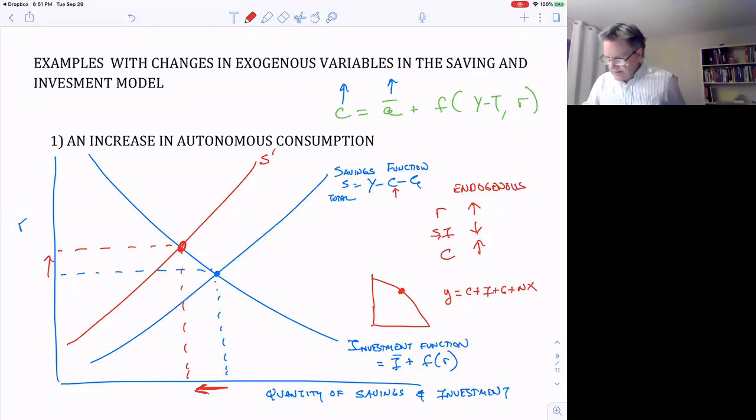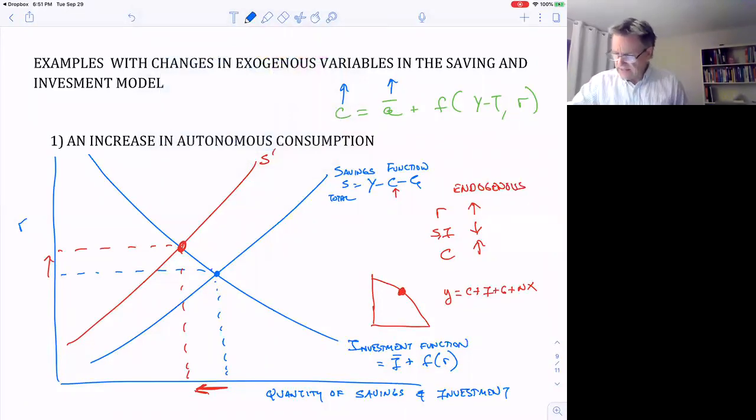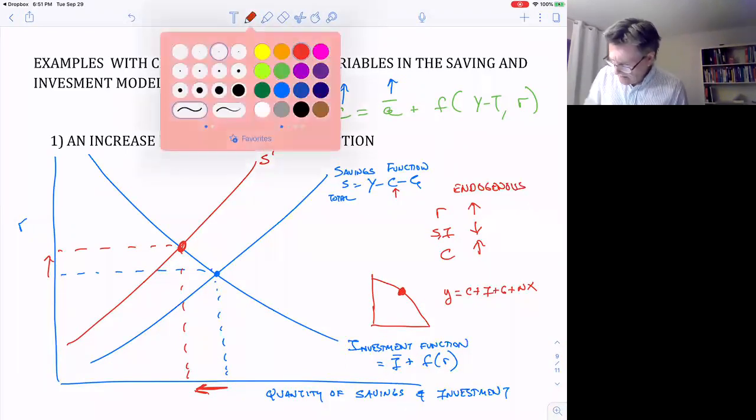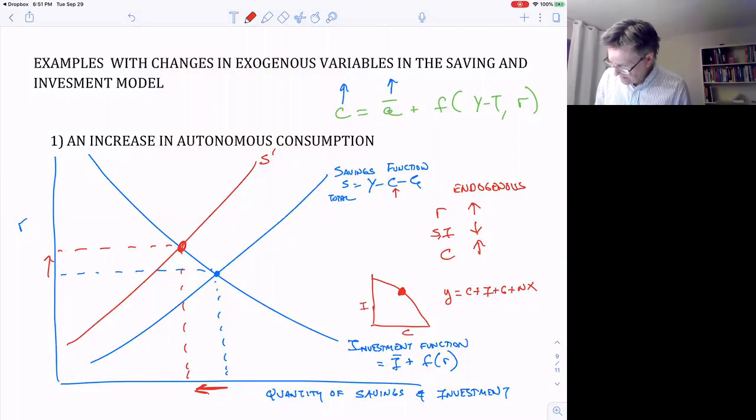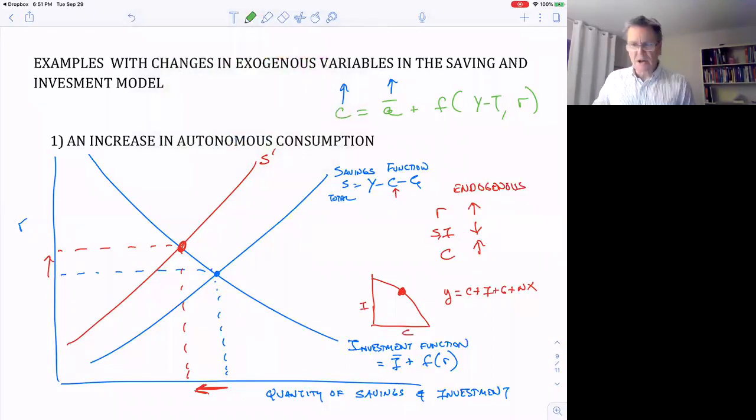So what would happen here, looking at this, if we were, say, at this red point here on the PPF, and consumption increased? Down here, this is consumption, this is investment, new capital goods. If consumption started to increase, that means we would move to a different point on the PPF, where we have a little bit higher level of consumption.